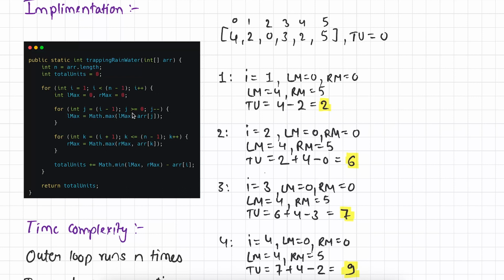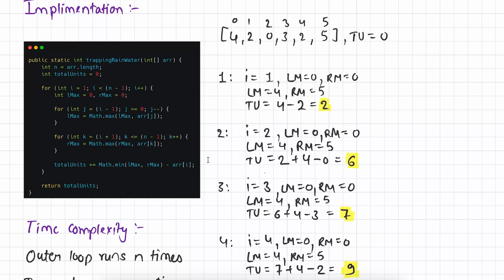It means for a particular position we are going left of it to find the leftmost maximum height of a bar, okay, and store it in the lmax variable. And in the second loop we are going right of the particular position to find the rightmost maximum height of the bar. That is why we are running a loop from i-1 till 0 and then i+1 till n-1. In this loop we are going left of the position, and in this loop we are going right of the position.